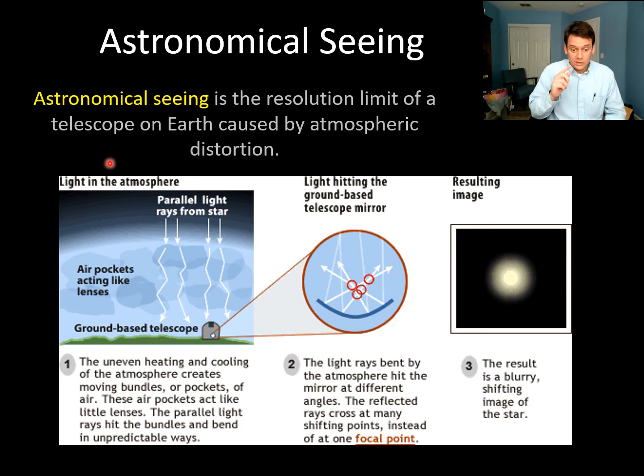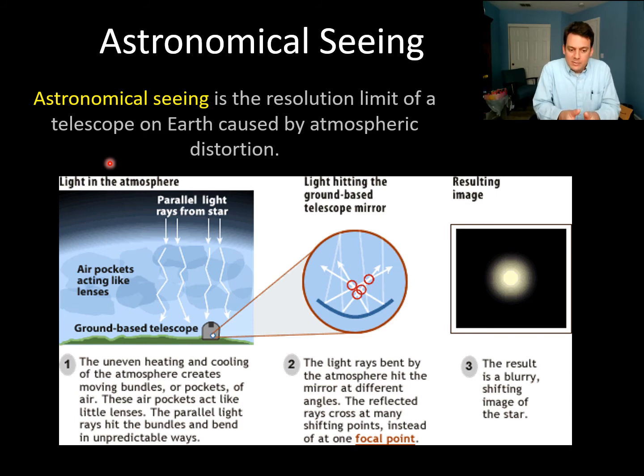So there's uneven heating and cooling in the atmosphere, right? There are pockets of atmosphere that are hot, there are pockets that are cold, and hot air rises and cold air falls, and so the atmosphere is always moving. There are convection currents, sometimes storms, but even when it looks clear, the atmosphere is always doing something.